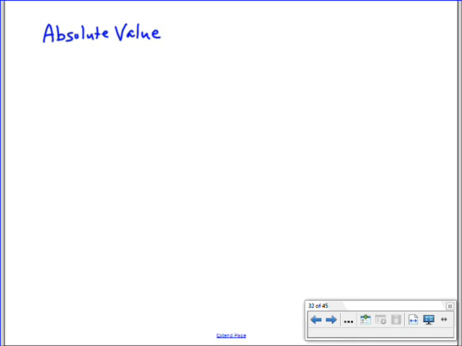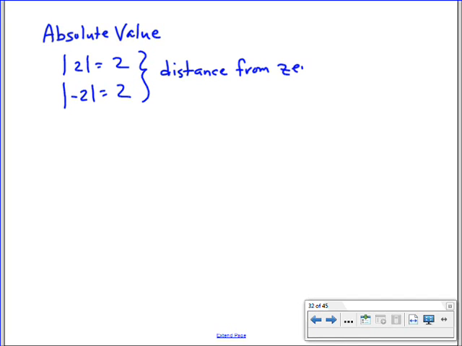Years back, you were told, for example, that the absolute value of 2 was 2, and the absolute value of negative 2 was 2. Basically, you were probably told that this number represented the distance of the value inside the absolute value from 0.